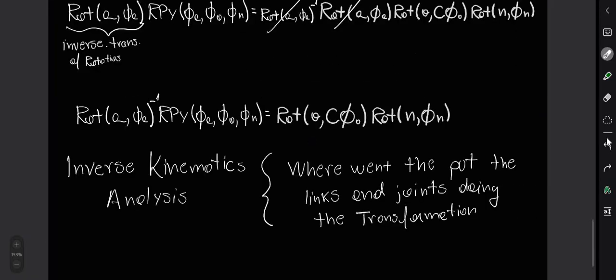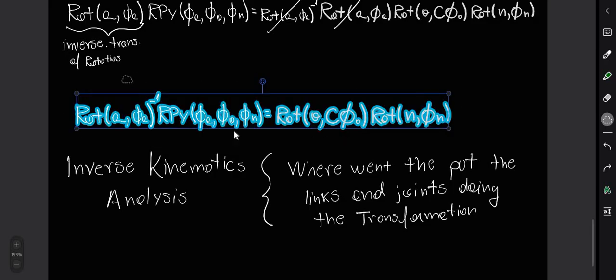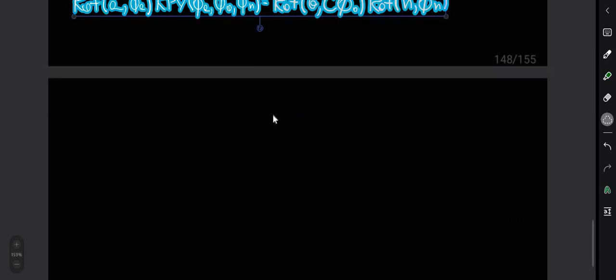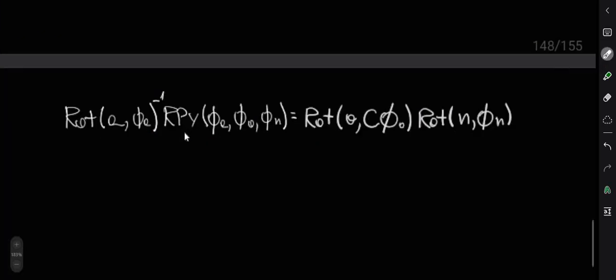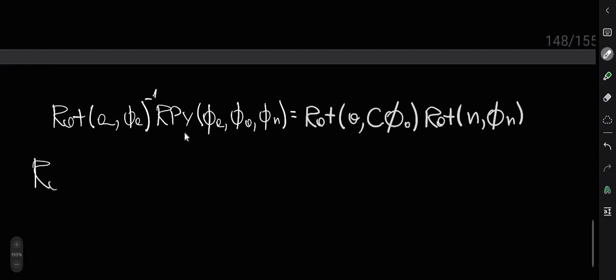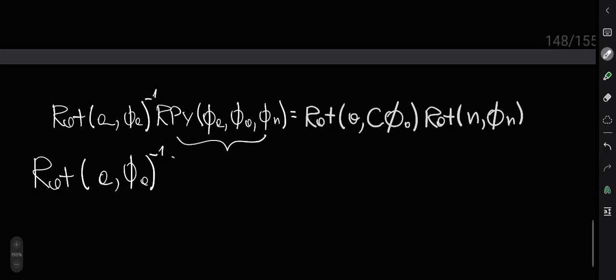So right here we have to reuse this equation. We keep going with our analysis. So rotation about A with some phi A angle, its inverse transformation, and this matrix we will assume is another matrix, and we will analyze this.